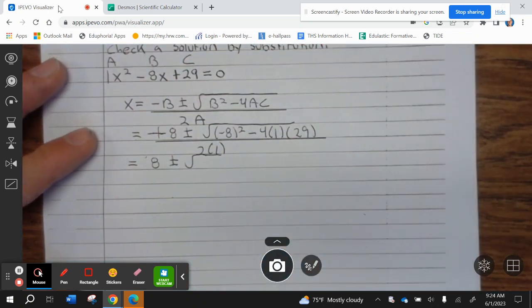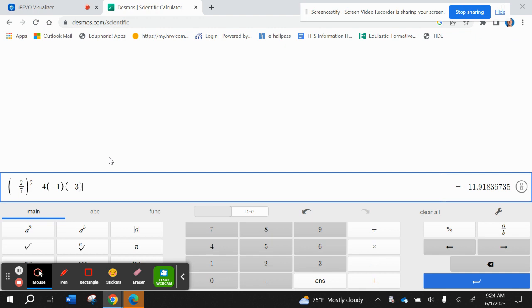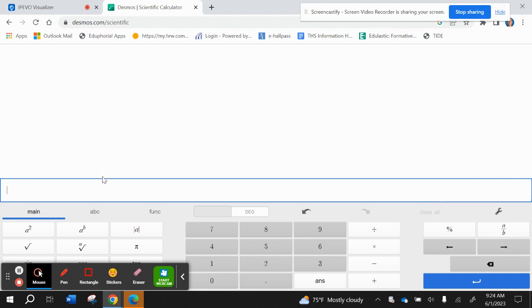Let's go ahead and plug the discriminant in the calculator and get that number. So parentheses negative 8 squared minus 4 times 1 times 29 is negative 52.